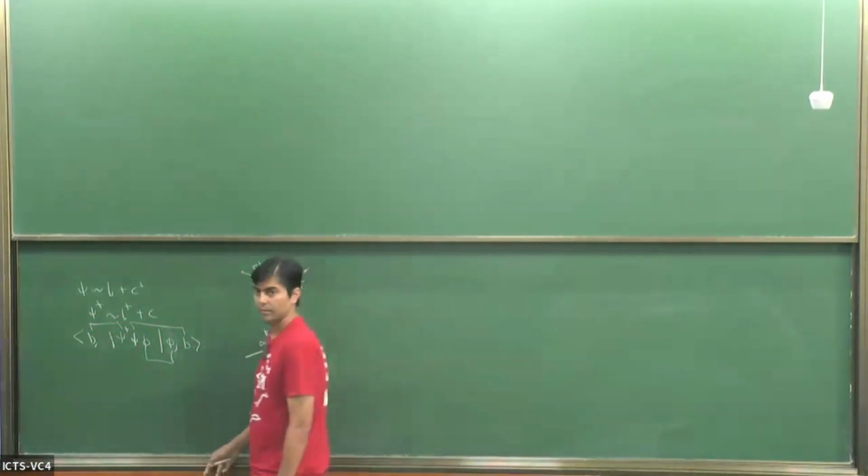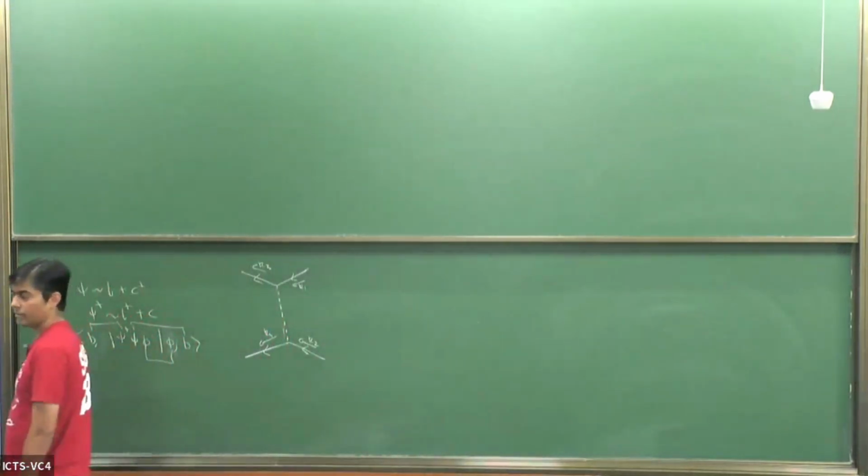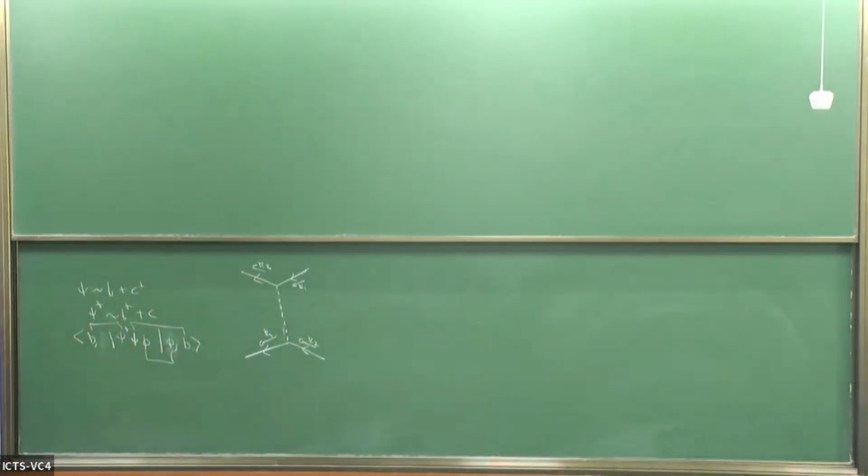You're telling me an outgoing psi bar is an incoming psi. I'm not saying that. I didn't say that. I just said that the same vertex can describe, and we'll discuss this a little more towards the end of this lecture. How can an ingoing psi be an outgoing psi bar? It can't be.